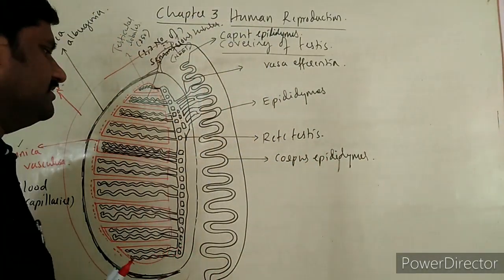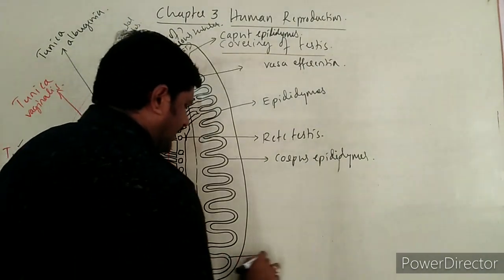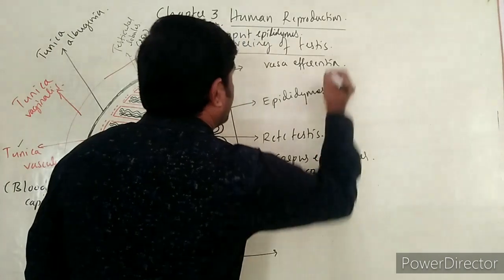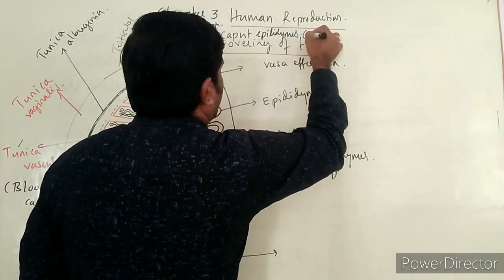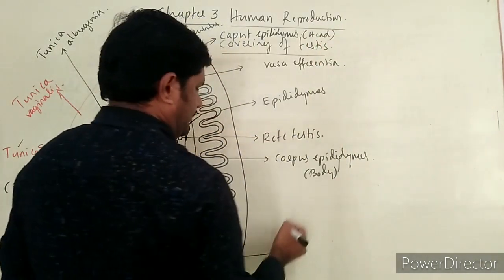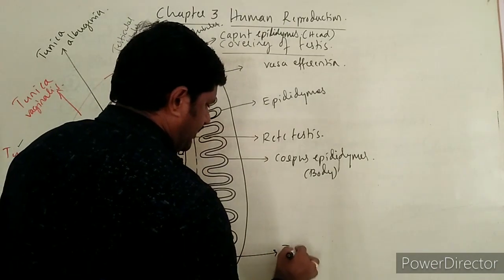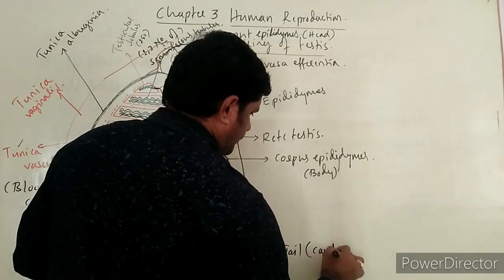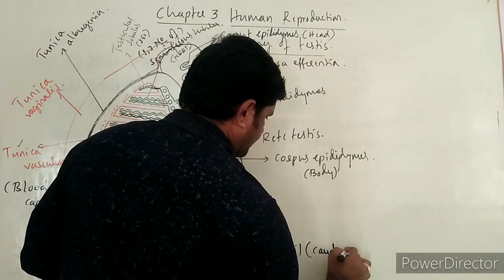Corpus epididymis it is called, and the tail part, so this is the body part, this is the head part, and this is the tail part, and it is called cauda epididymis.